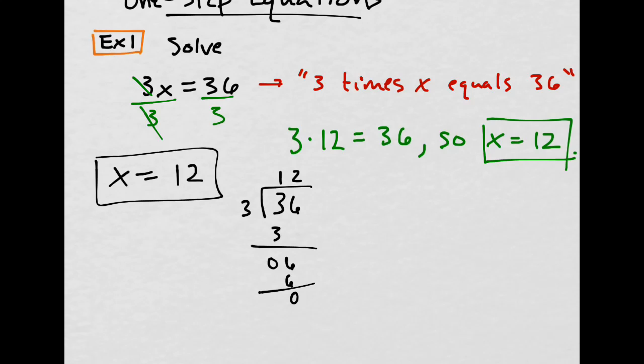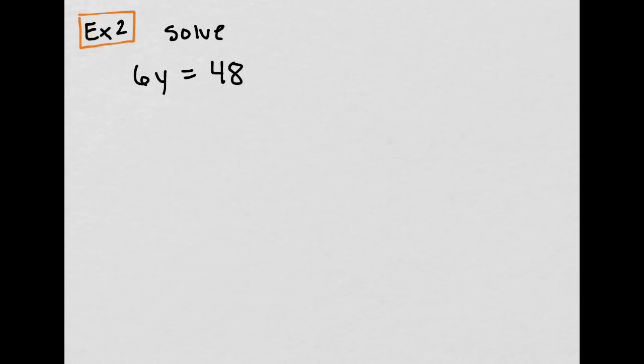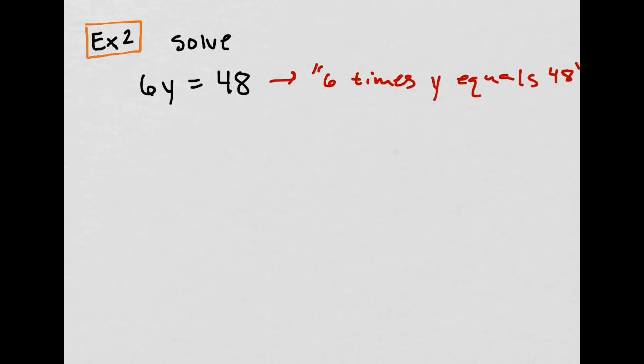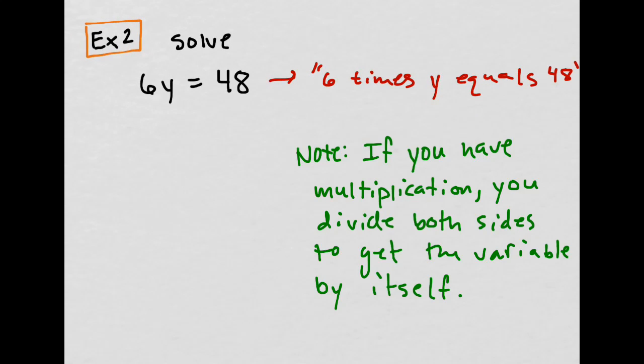Let's try another one. Well, 6 times y equals 48, that's how you say it. Anytime you're doing multiplication, to get the y by itself, you divide both sides.